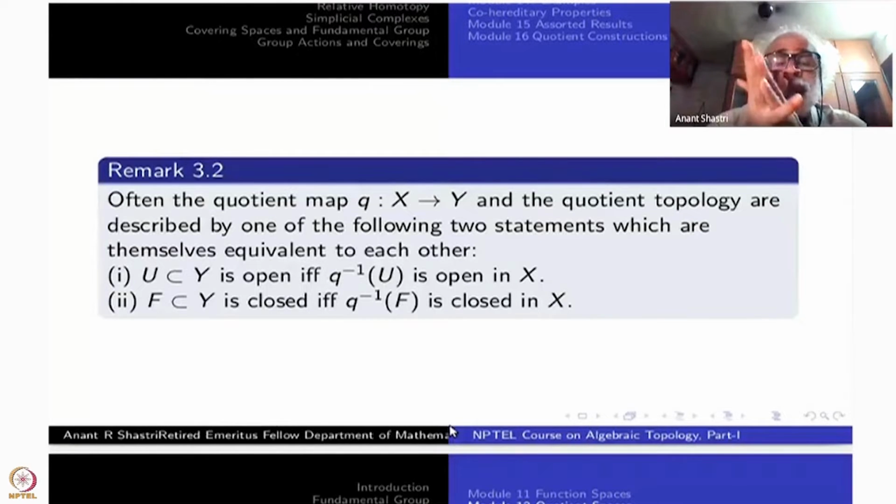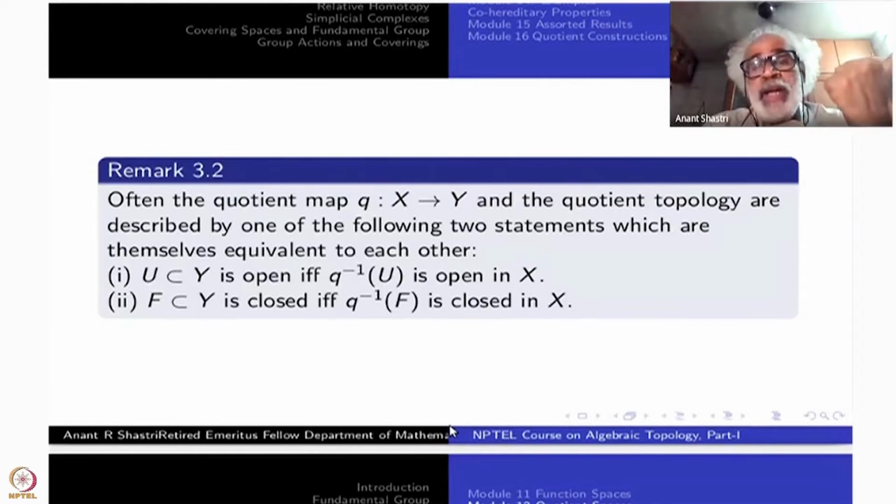The first one is: U contained inside Y is open if and only if Q inverse U is open in X. The second condition, by taking a De Morgan law, is: F contained inside Y is closed if and only if Q inverse of F is closed in X. If and only if is important. Only if follows by the continuity of Q.